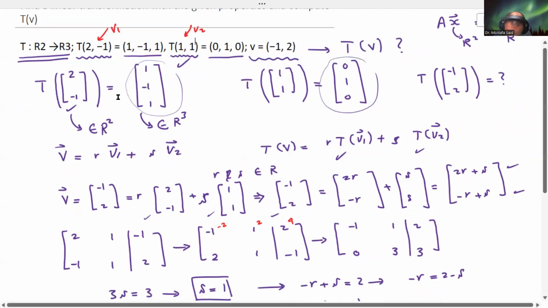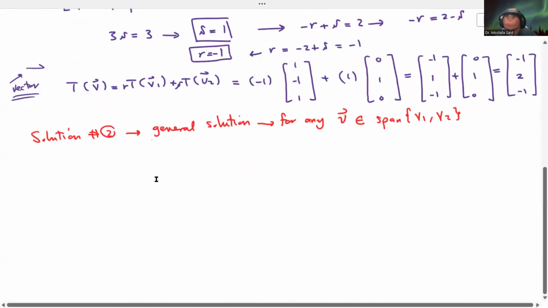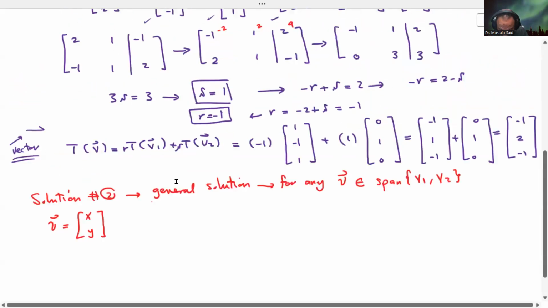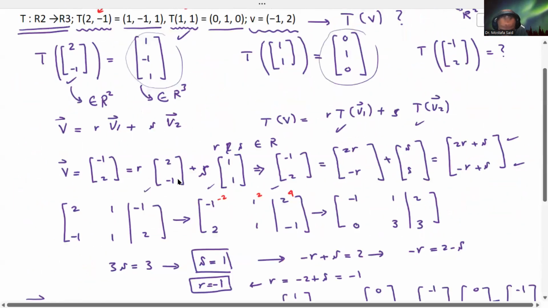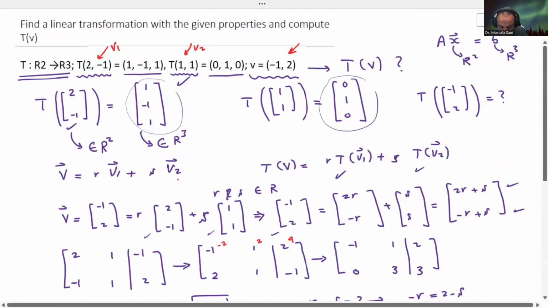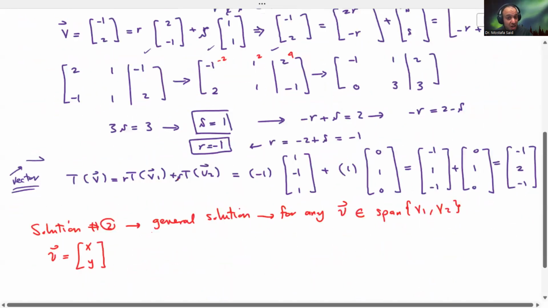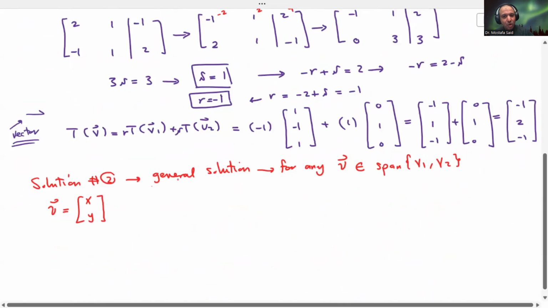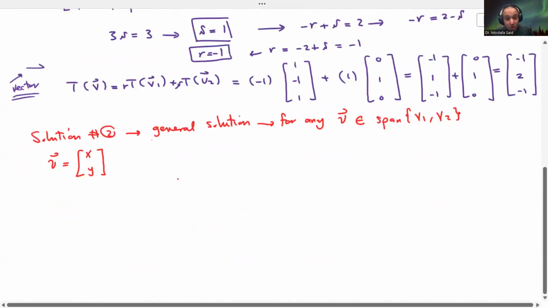So let's assume the general vector, which equals X and Y. We don't know it. Any X, any Y. In that particular case here, X and Y were minus 1 and 2. This is a special case. Now we are making a general solution for any vector belonging to the span of V1 and V2.